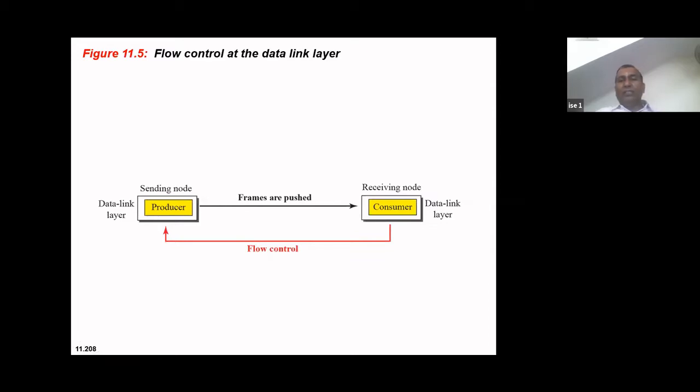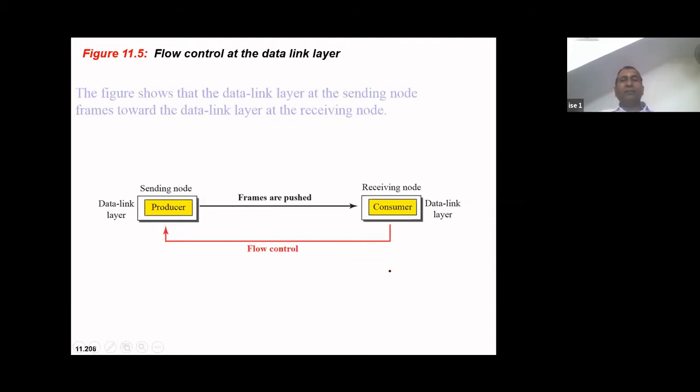So the receiver node is enforcing control over the flow of the data from the sending end to the receiving end. So this is what happens.